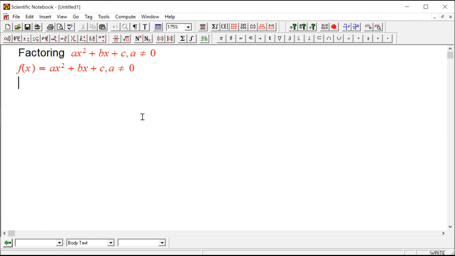Because for simple examples, let me give you some examples. You might have seen this. Example number 1, say we have x squared minus 5x plus 6, right, to factor this function. And you all have some technique to factor this.